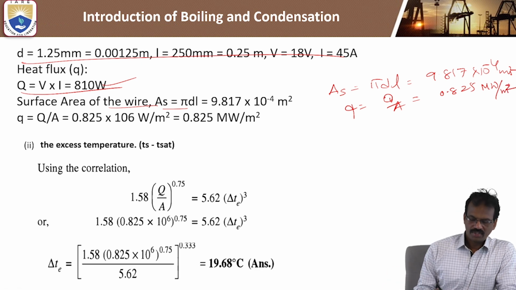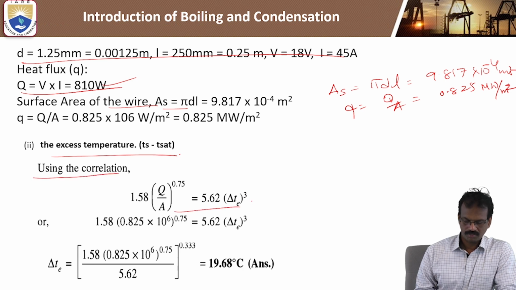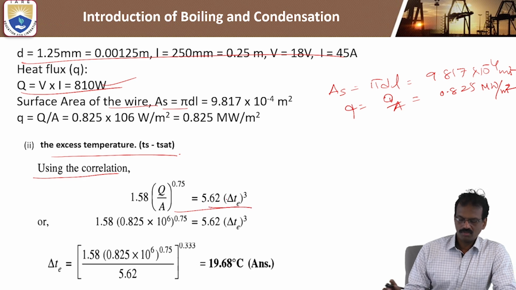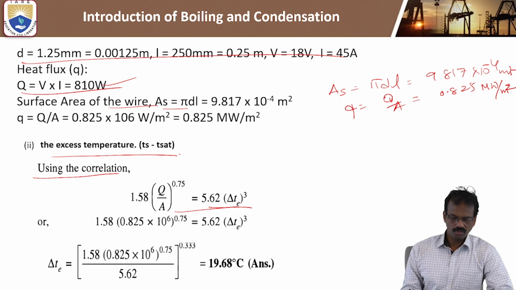So next, finding of excess temperature is very important. So this is the formula, you know this one. Okay. So you can write it like this. So 1.58 (Q by A) whole to the power of 0.75 is equal to 5.62 delta T_e whole to the power of 3.